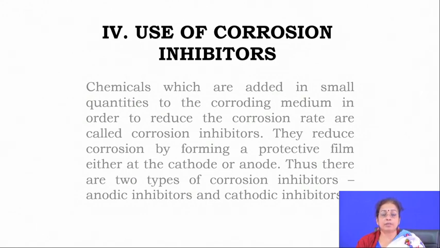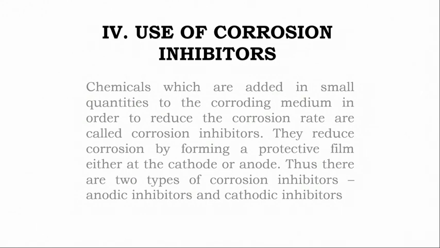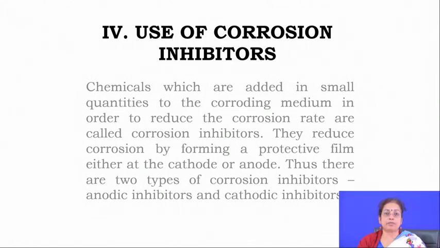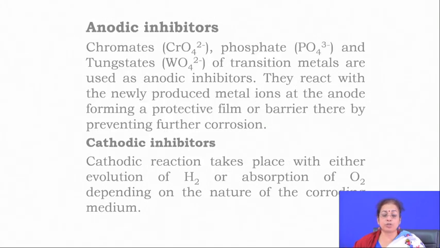So, corrosion inhibitors are very important. They are nothing but chemicals which are added in small quantities to the corroding media in order to reduce the corrosion rate. They reduce the corrosion by forming a protective film either at the cathode or anode. There are two types of inhibitors, cathodic inhibitors or anodic inhibitors, or also mixed inhibitors.